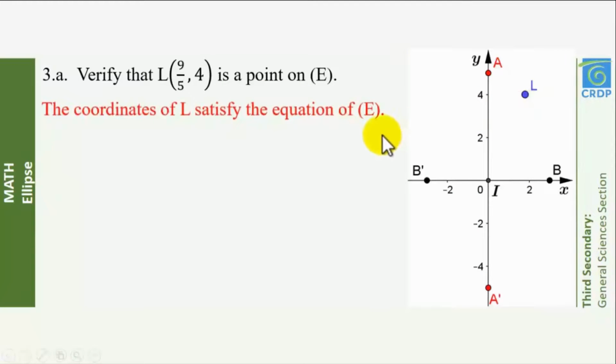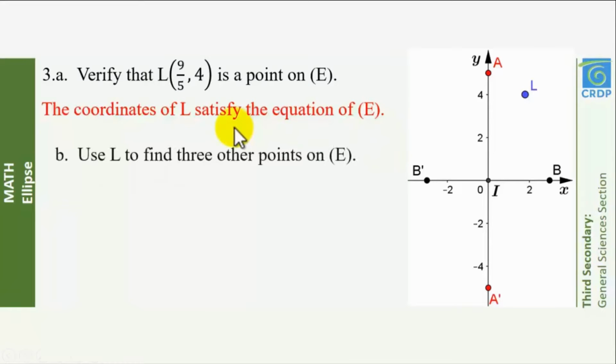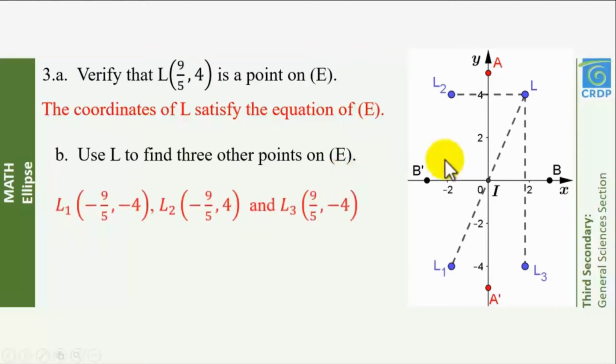Then, the coordinates of L satisfy the equation of E. Use L to find 3 other points on E. Since the elements of symmetry of E are the origin I, the x-axis, and the y-axis, then L1 (minus 9 over 5, minus 4) is the symmetry of L with respect to O. L2 (minus 9 over 5, 4) is the symmetry of L with respect to y prime y.